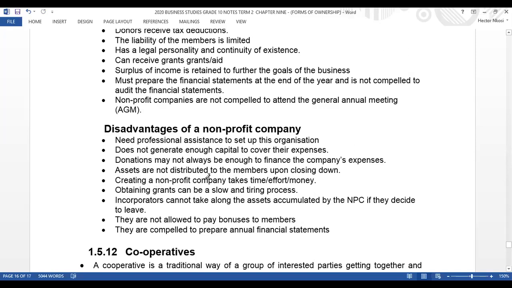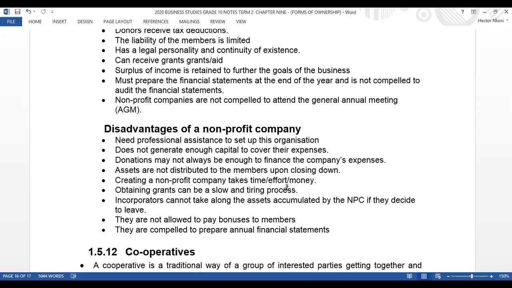Creating a non-profit company takes time, effort and money. Obtaining grants can be slow and tiring. It can be slow, guys, because I'm telling you, since we're facing Corona, the majority of non-profit companies are struggling right now because the majority of people do not have money.